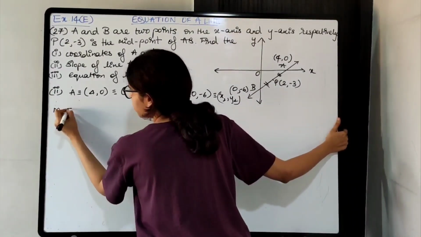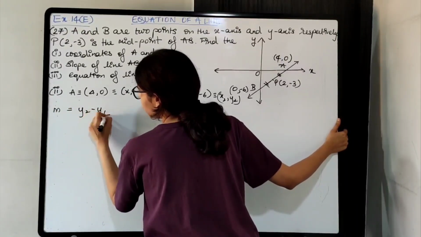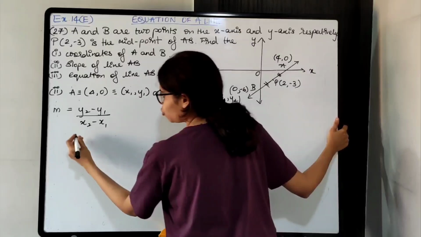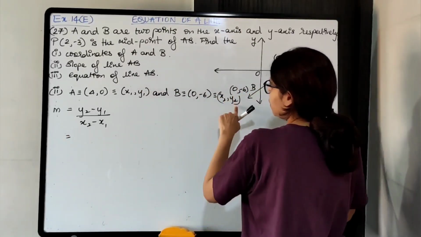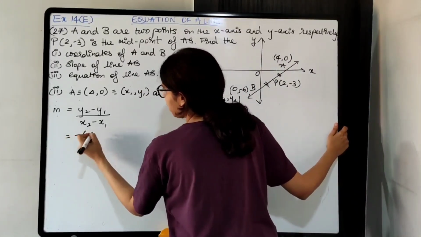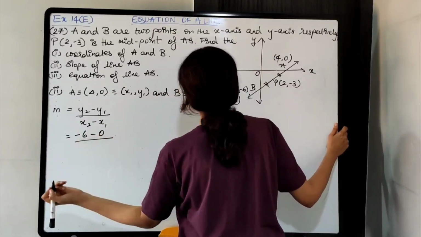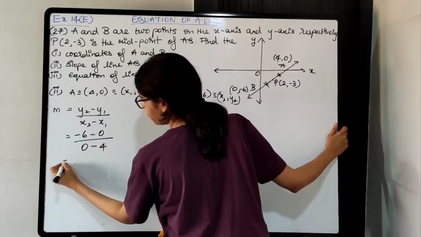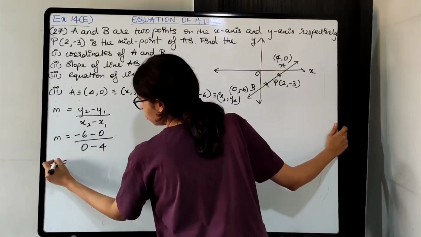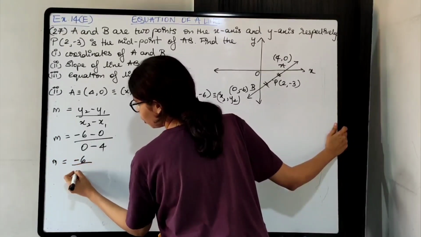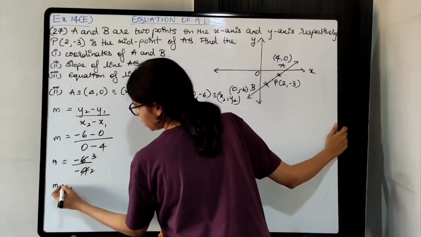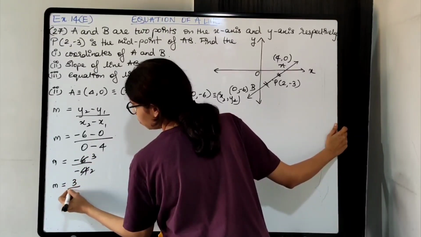So slope is y2 minus y1 upon x2 minus x1, or y1 minus y2 upon x1 minus x2. y2 है -6 minus y1 is 0 upon x2 is 0 and x1 is 4. So -6 upon -4, that will give minus plus हो जाएगा, so 3 upon 2.